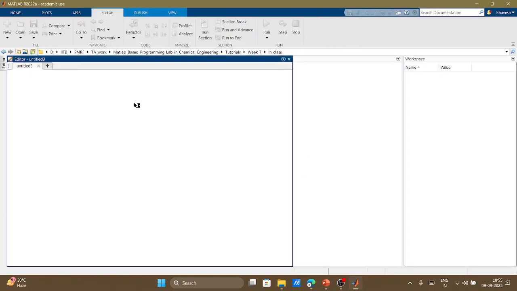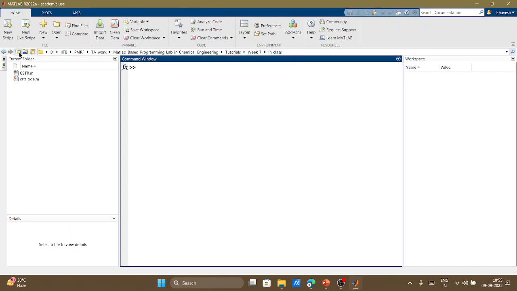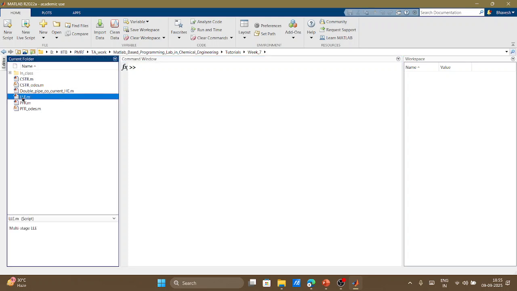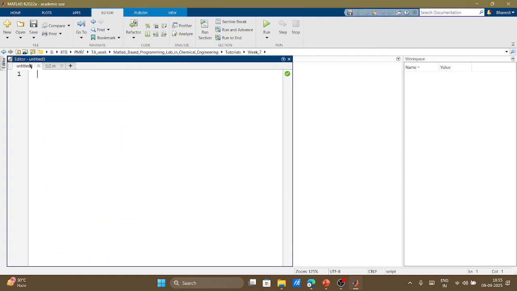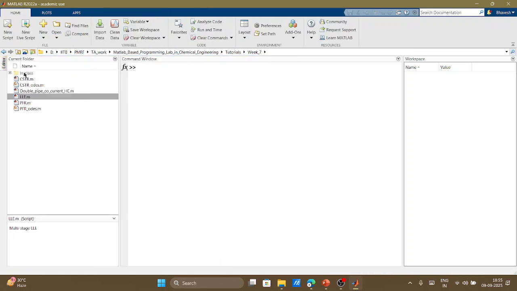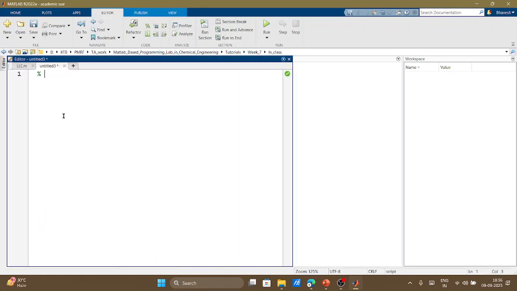So let's try to code this, and let me just take out the previous code for a reference, right? So here it is, multi stage liquid extraction problem, right?